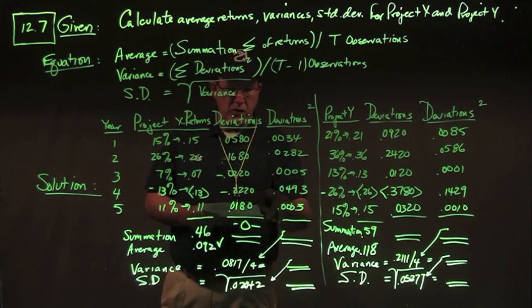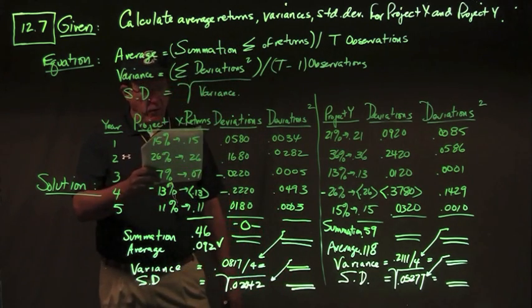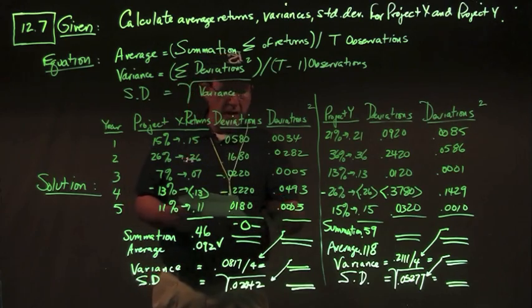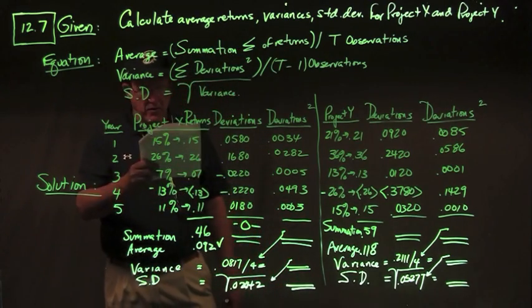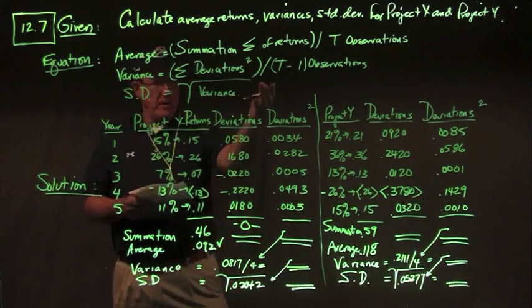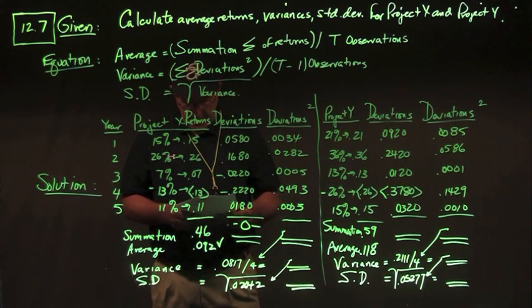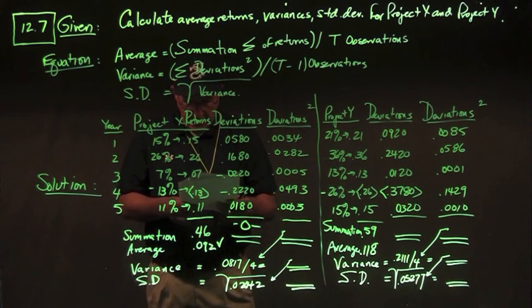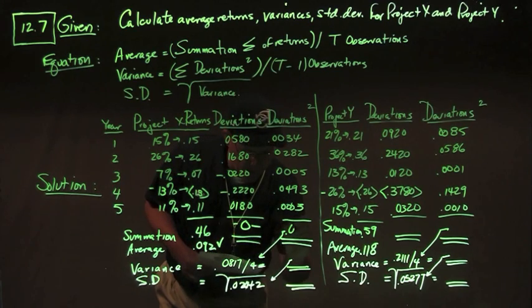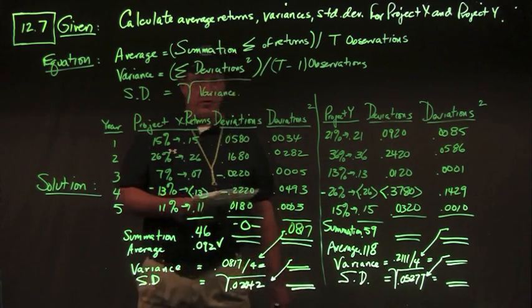Minus 0.2220 squared is 0.0493, and 0.0180 squared is 0.0003. Add up all these squared deviations, and the summation is 0.0817.